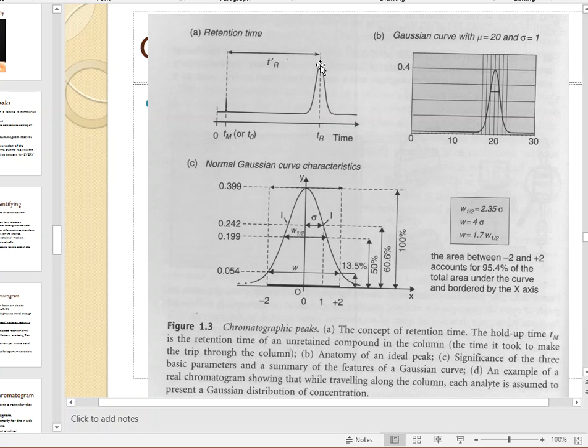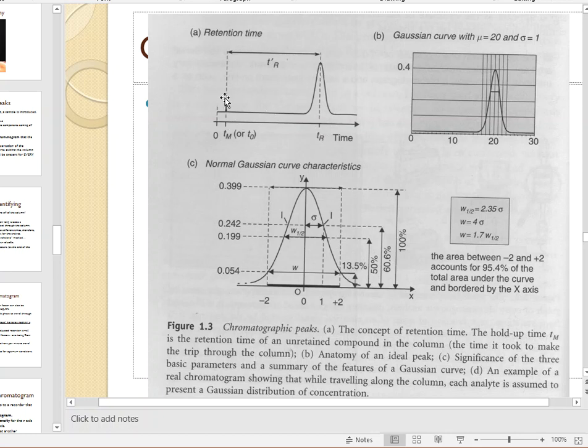And then here's the T sub r, and that's going to be the peak retention time. So the raw retention time from when the injection started at time 0, when the injection valve turned over and put your sample into the column, how long did it take, point blank. So that's T sub r.